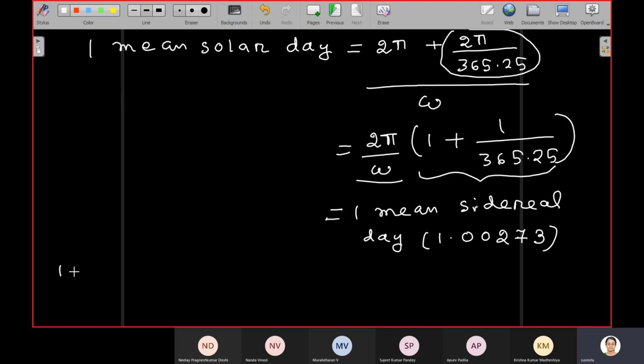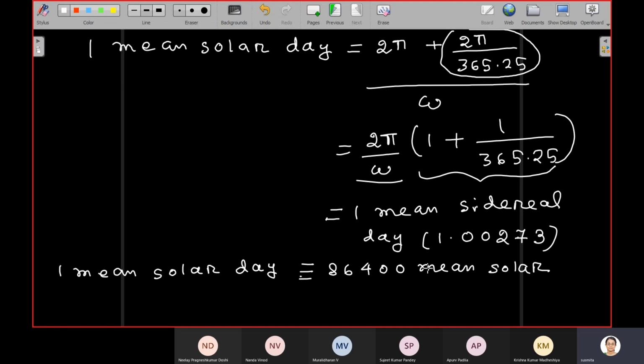So let's say one mean solar day is equivalent to 86,400 mean solar seconds. So this is actually 24 mean solar hours. Okay.